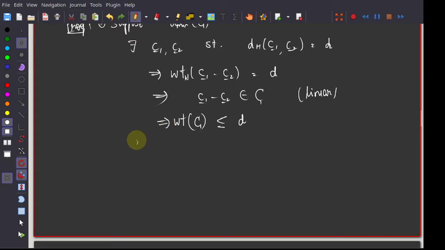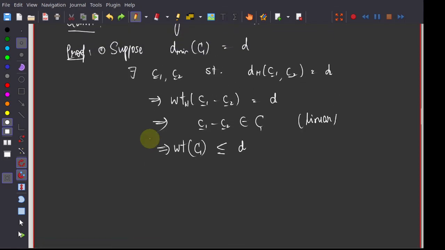Okay. So since the minimum distance is this, you can find two code words whose Hamming distance is equal to d. This part is fine.